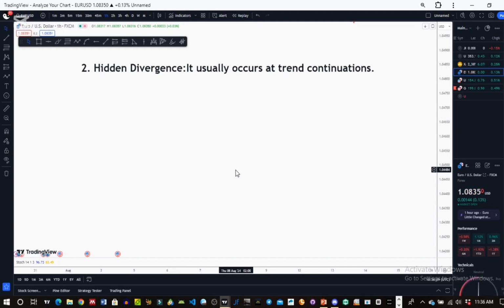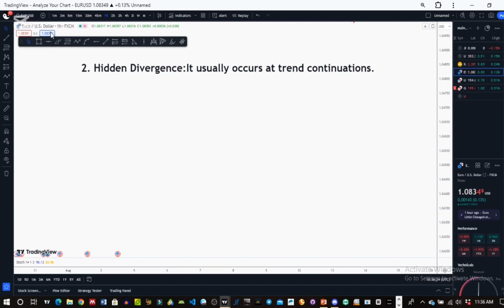Oh, and also one thing I forgot to point out is that when looking for bearish divergence, you check the peaks of the price and the peaks of the indicator. While for a bullish divergence, you check the troughs or the bottom of the trend and the bottom of the indicator to search for this divergence.